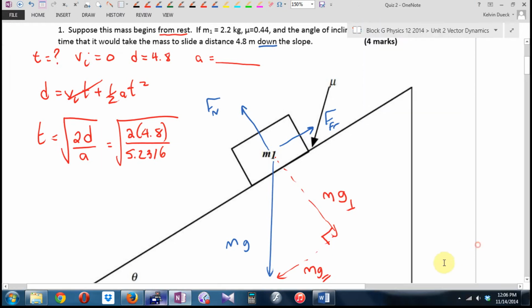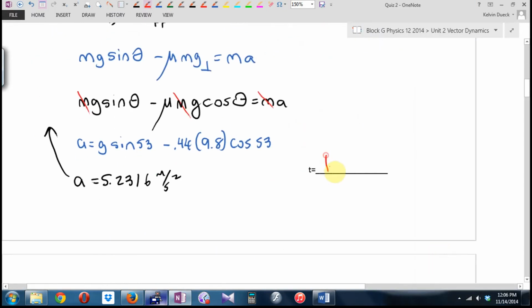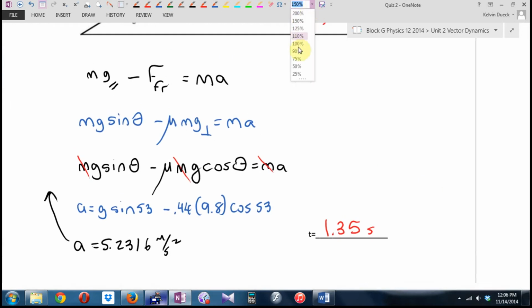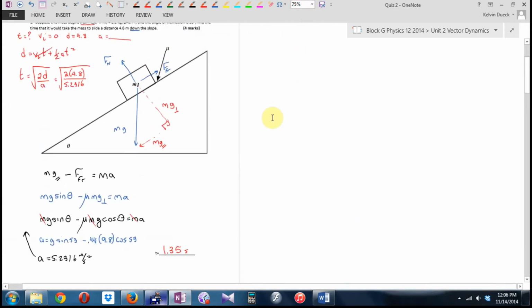So if you got that, or 1.34 or 1.36, 4 out of 4, okay? Otherwise, in terms of part marks, I would probably do something like this. Let's see here.